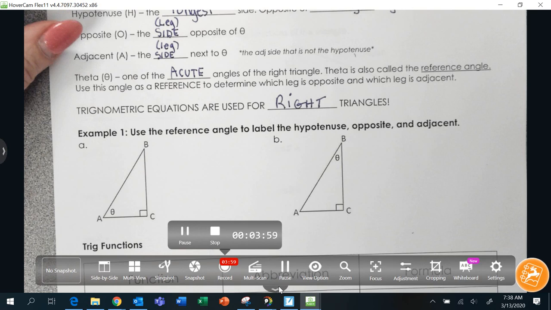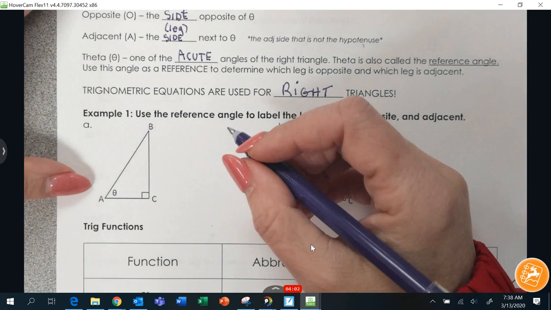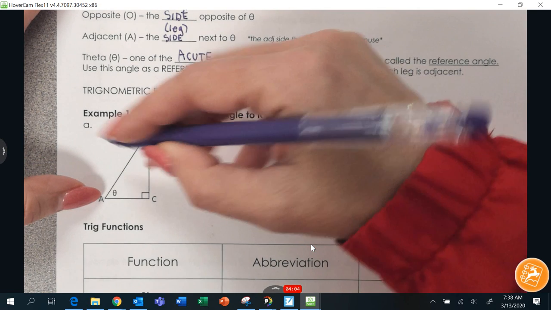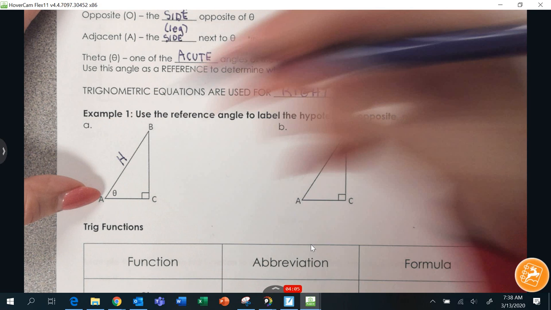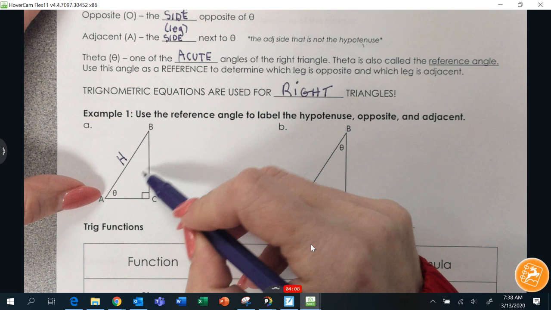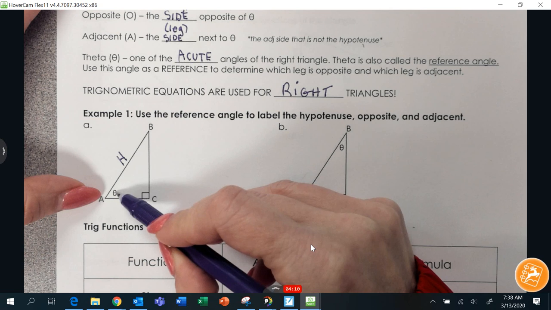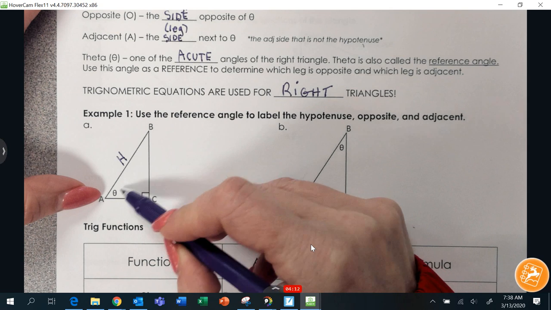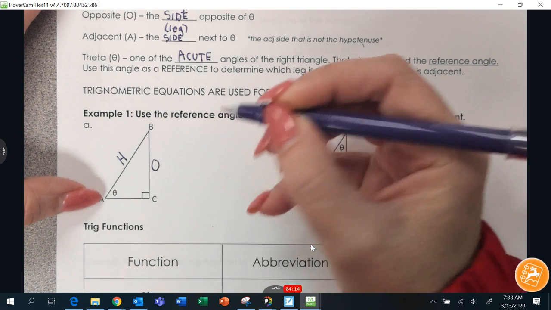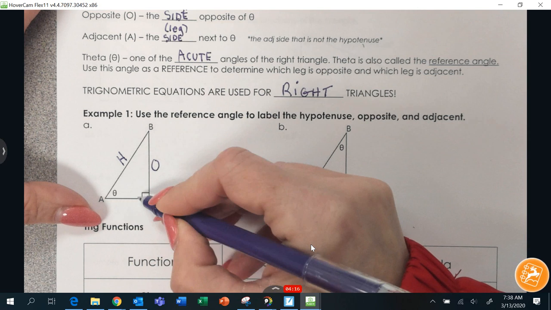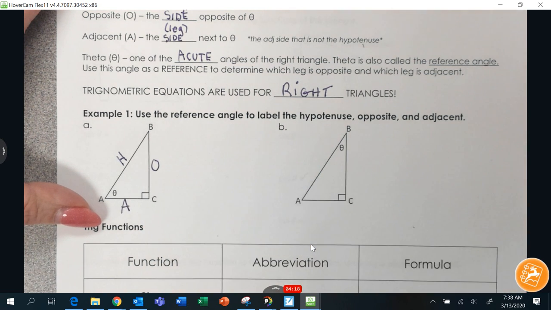Okay, so question A, the hypotenuse is opposite the 90 degrees, so I'll put an H for hypotenuse. Opposite of theta, I've got to find theta first. Opposite does not touch theta, so opposite is here, and adjacent does touch theta, but it's not the hypotenuse.